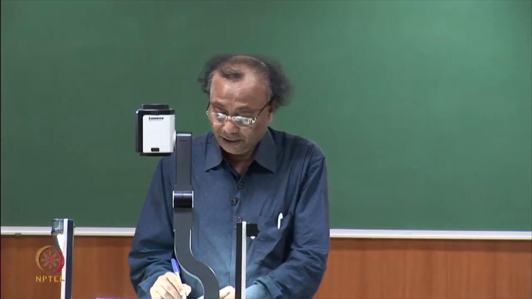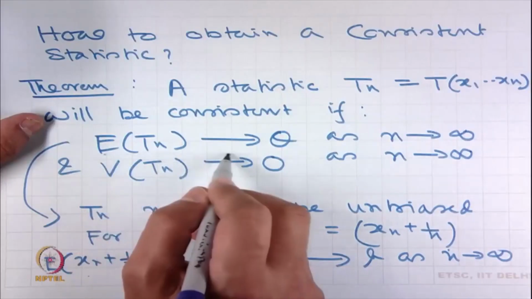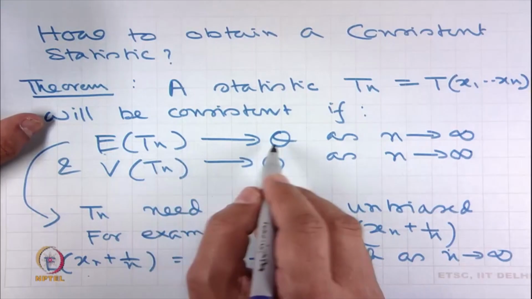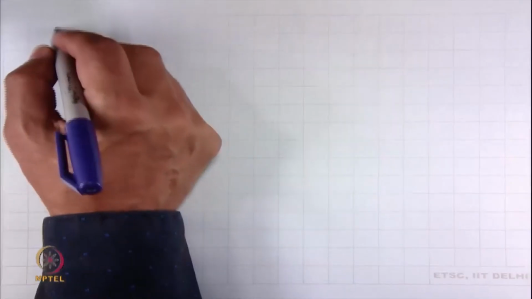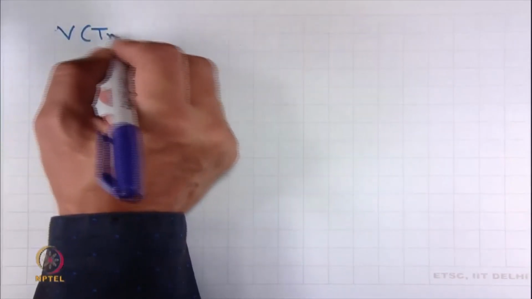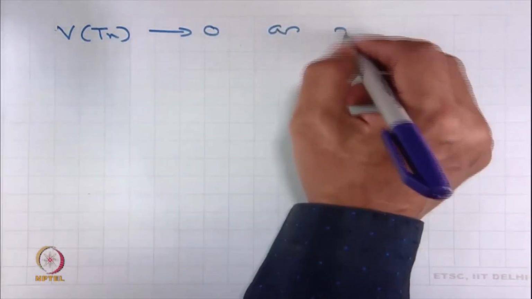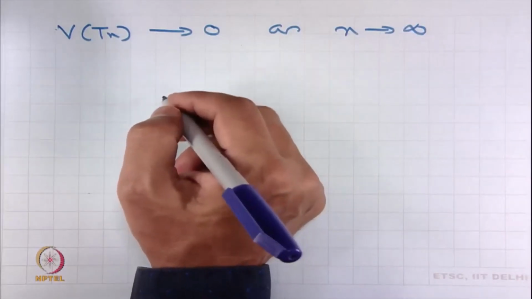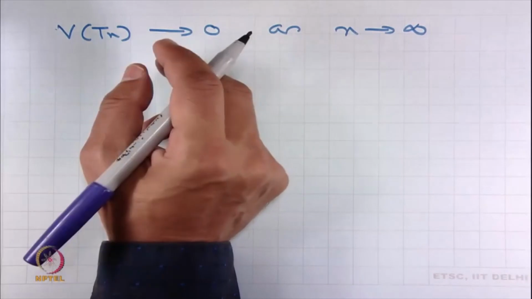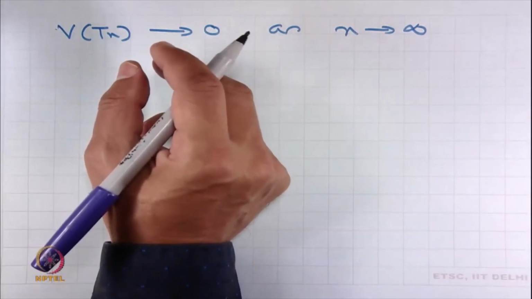Therefore, in order to be consistent, unbiasedness is not necessary, but we also have to look at whether variance of T n goes to 0 as n goes to infinity. We know that variance gives us the measure of dispersion.